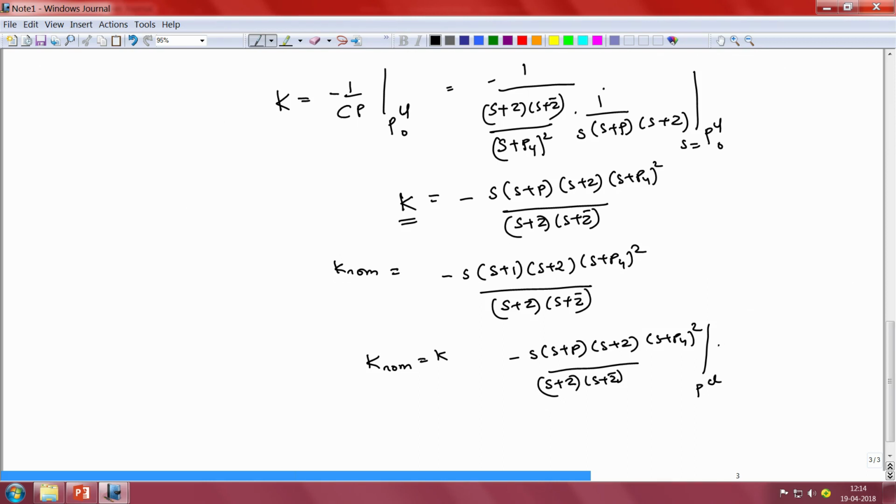So this is going to be equal to minus of S times S plus 1 times S plus 2 times S plus P4 the square divided by S plus Z times S plus Z bar, evaluated at the point PCL naught. In order to make further progress, we shall depend upon the geometric interpretation of the terms S, S plus P, S plus 2 and so on evaluated at the point PCL naught.